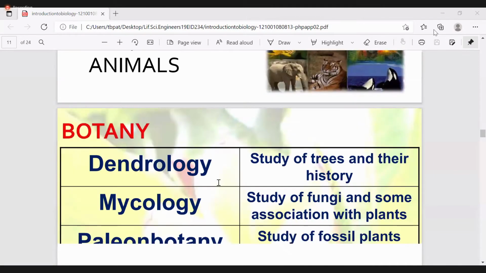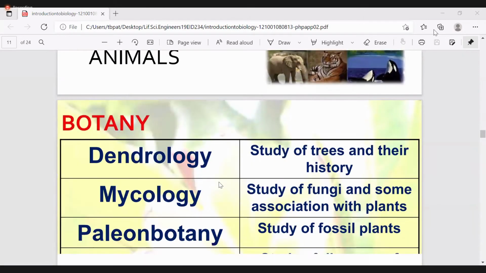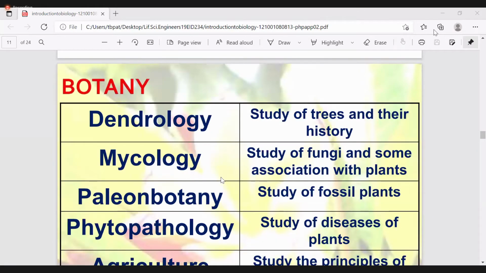In botany, the plant study, dendrology is the study of trees and their history. Mycology is the study of fungi. A fungus is not an individual growth; it always grows on another body, like a plant body or something else.